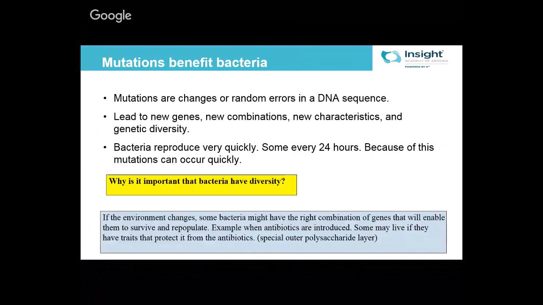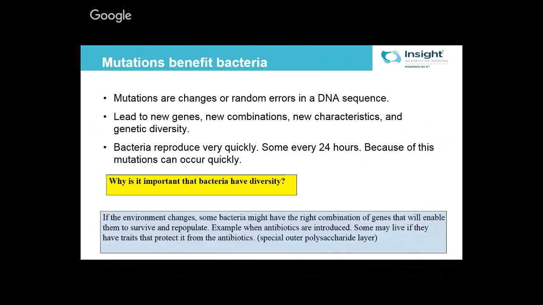So one of the questions to think about is why it is important that bacteria have diversity. Why would that be so important? Well, if the environment changes, some bacteria might not have the right combination of genes that will enable it to survive and repopulate. So that would mean that it would become extinct. But because of diversity, the bacteria is able to live longer and reproduce to pass on its genetic material.